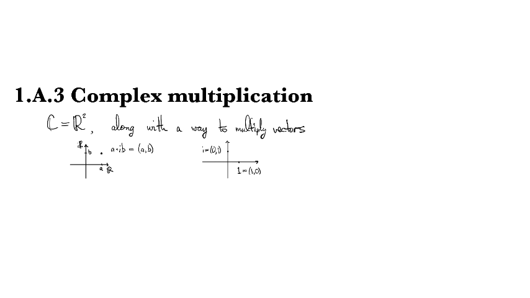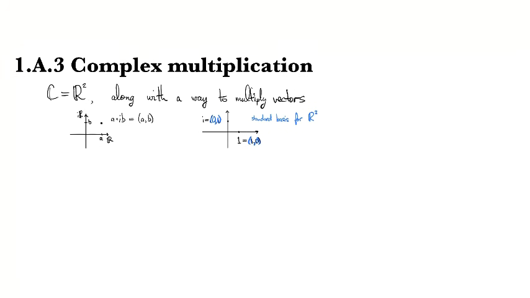And so this is just a renaming of the standard basis. And so here, I'll use the blue notation when I'm thinking about it as R2, and the black notation when I'm thinking about it as the complex plane.